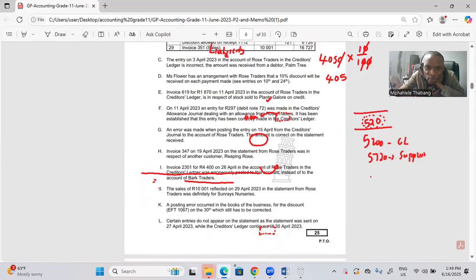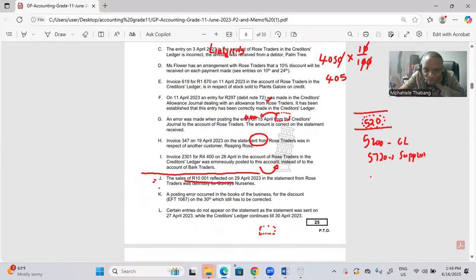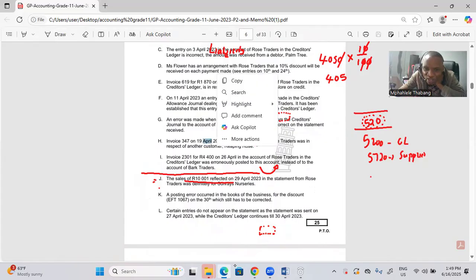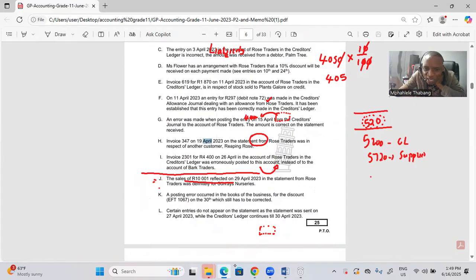Finally, we are dealing with a last transaction. Certain entries do not appear on the statement as the statement was sent on 27 April 2023, while the creditors ledger continues till 30 April 2023. So they are saying some entries are not found on the statement.